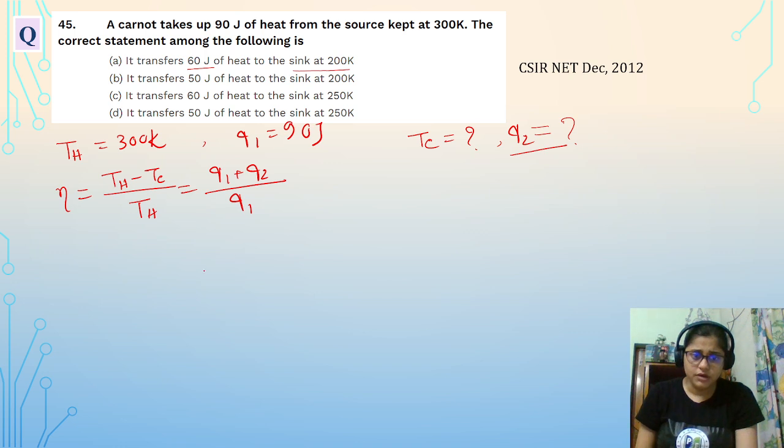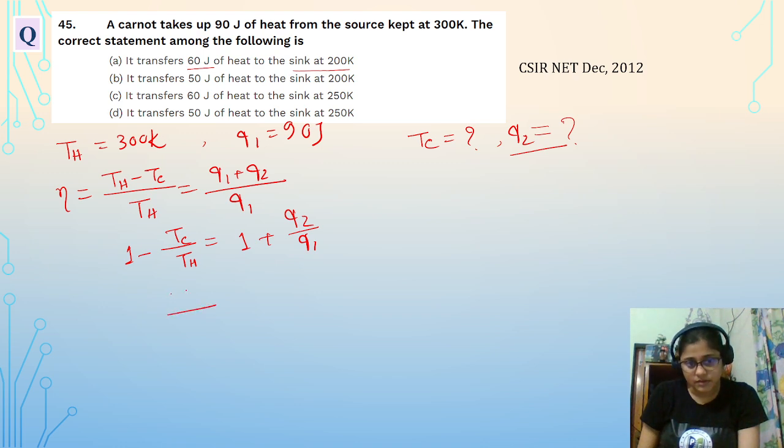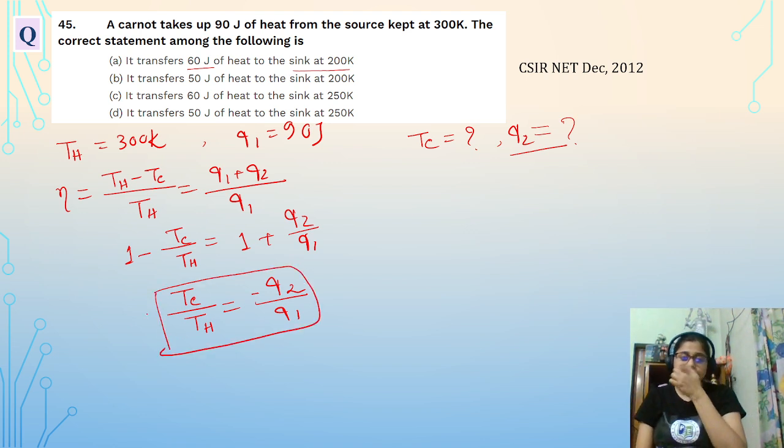So now, okay, if we take 1 minus Tc by Th, then it will be 1 plus Q2 by Q1, and the equation we got is Tc by Th will be minus Q2 by Q1. Okay, this is the relation we got.